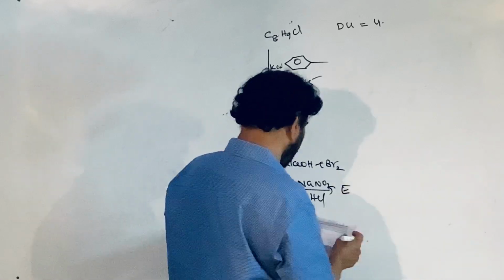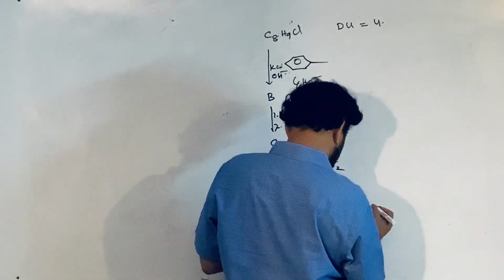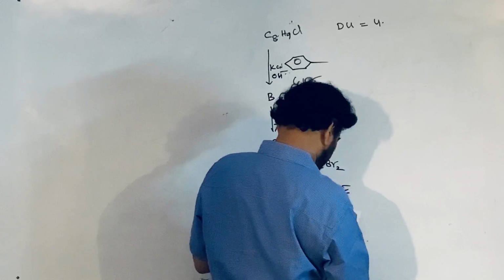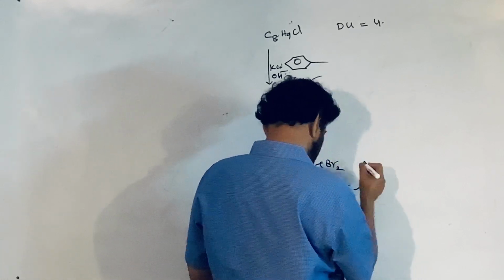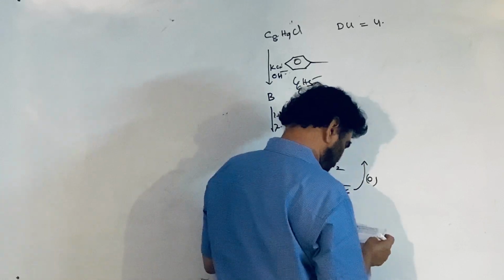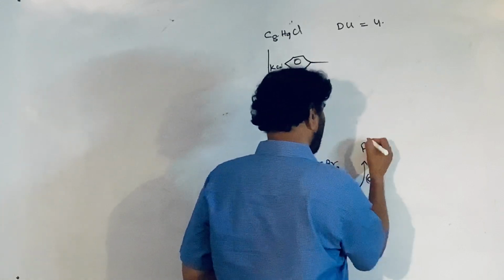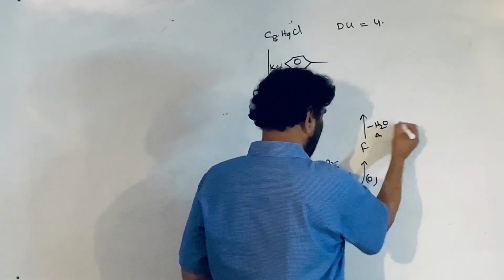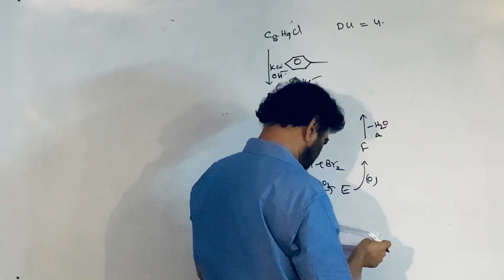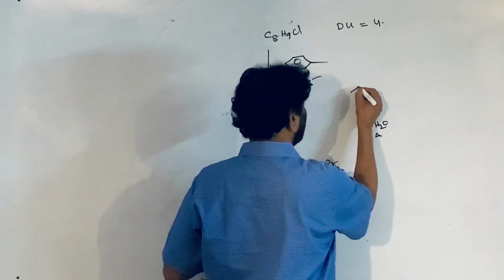Cold, D gives E, and E on oxidation gives the product F. F on heating, dehydration gives phthalic anhydride.